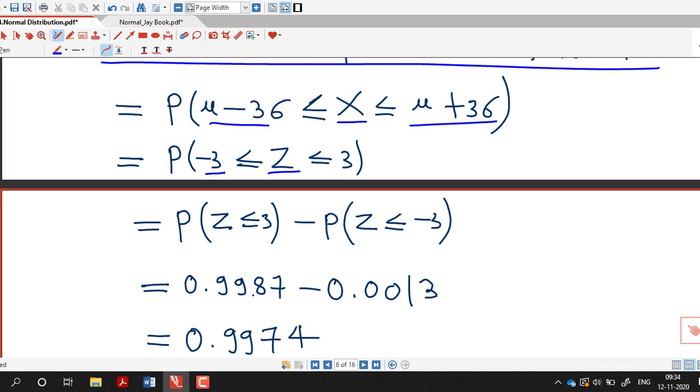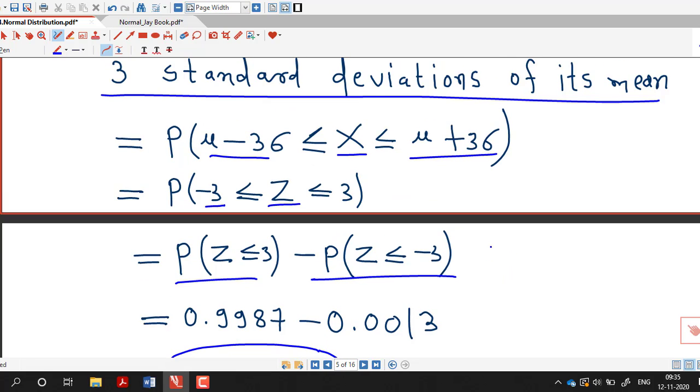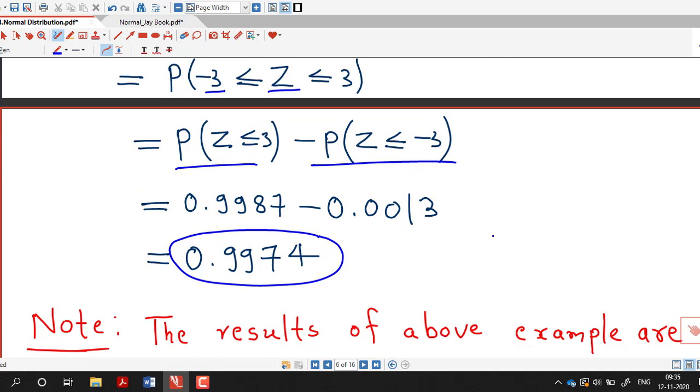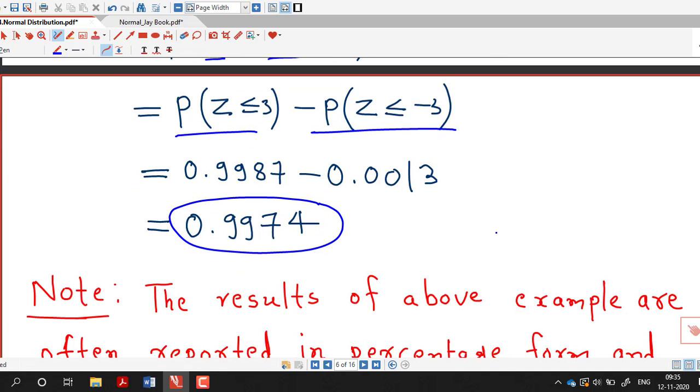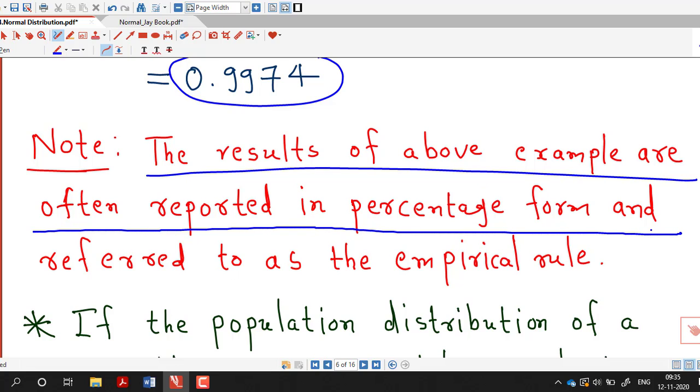So using this property and the standard normal table, we will find out that the required probability is 0.9974. So these three observations are true for each normal random variable, and some books consider this as the empirical rule. The results of the above example are often reported in percentage form and referred to as the empirical rule.